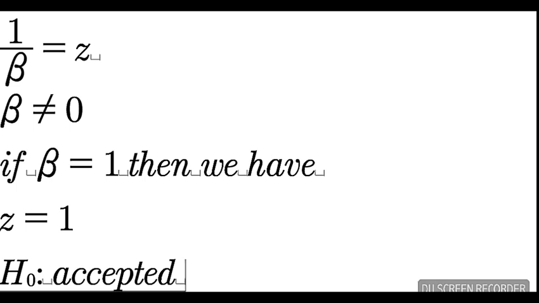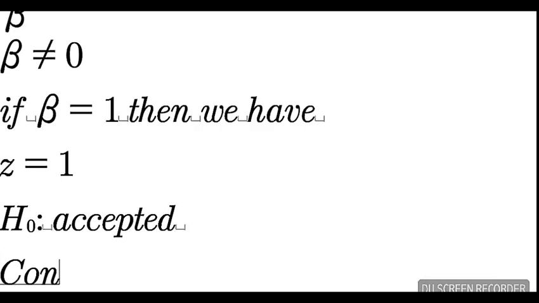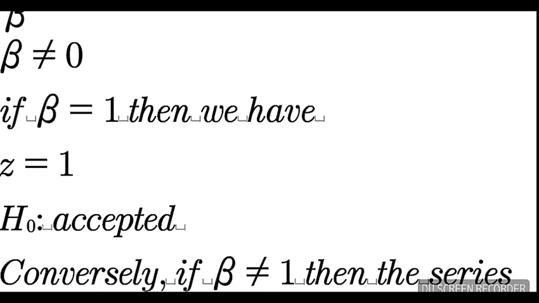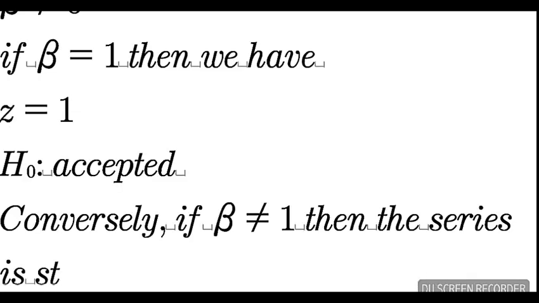Conversely, if beta is different from unity, not equal to 1, then we say that the series is stationary, since it does not follow a random walk.